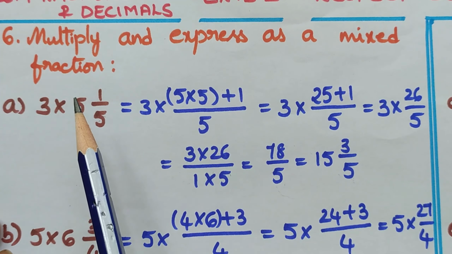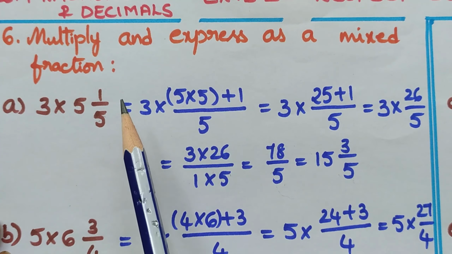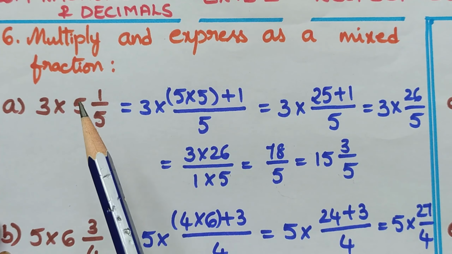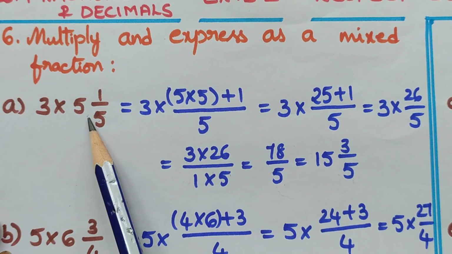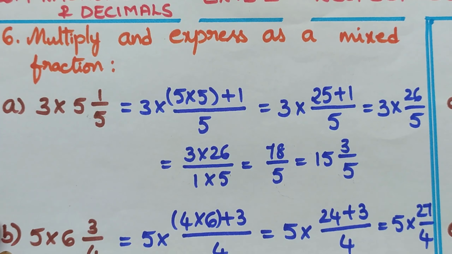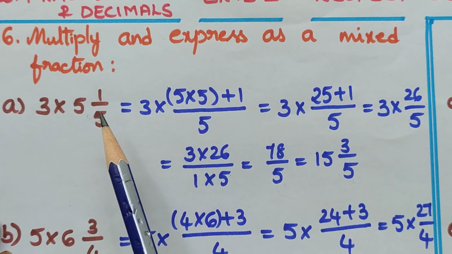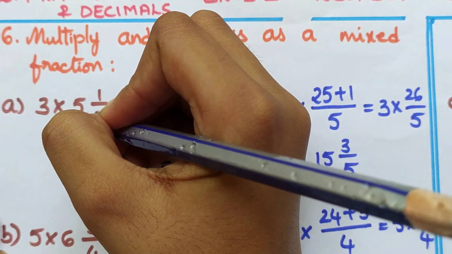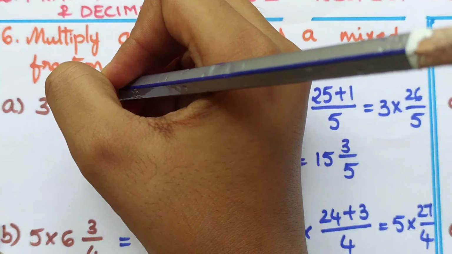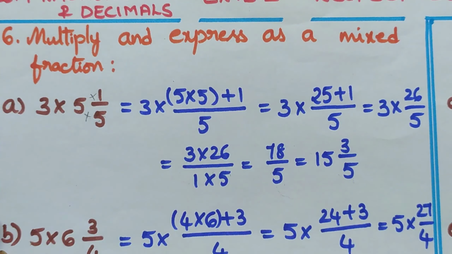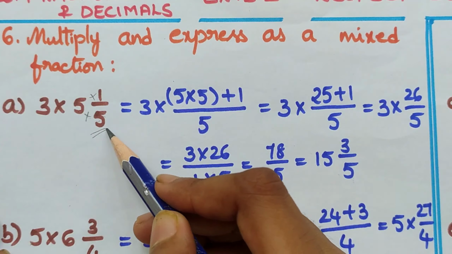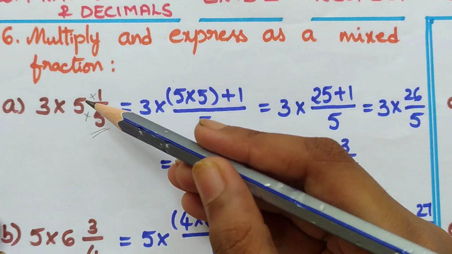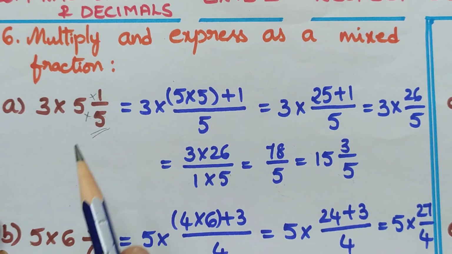3 into 5 1 by 5. The mixed fraction 5 1 by 5 should be converted into an improper fraction. To convert a mixed fraction to an improper fraction, we do this: 5 into 5 plus 1 by 5.